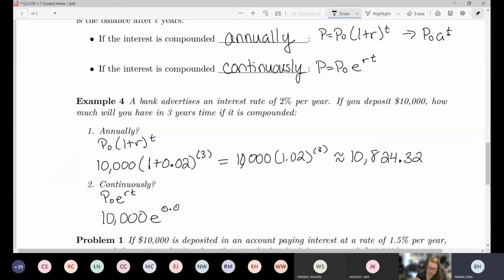R is still 0.02, but here we don't add 1 to it. There's no adding 1 in the e case, and we want to know after 3 years. Remember, e is just a number, so that's just something you punch into a calculator. So we've got $10,832.87.